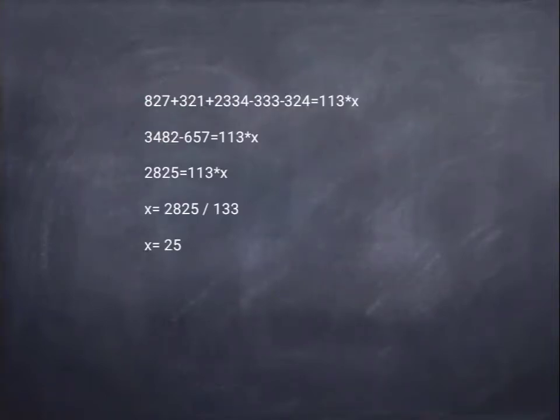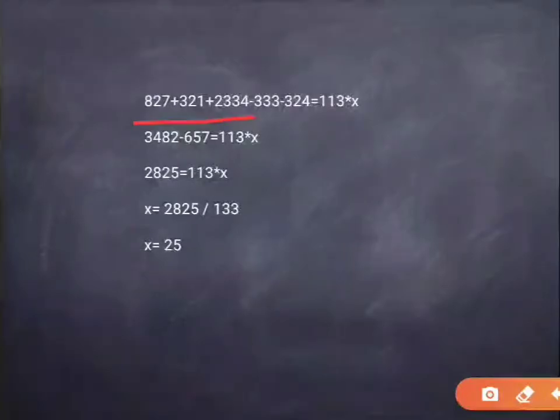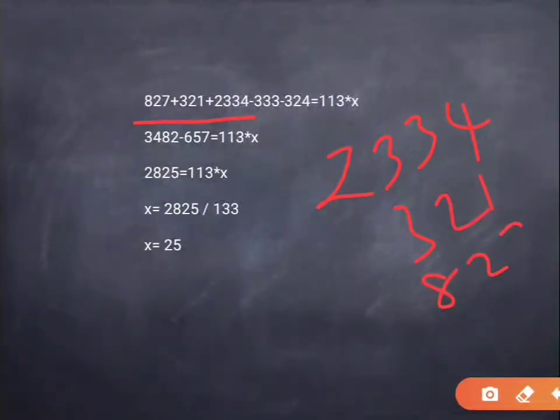So the calculation becomes 827 plus 321 plus 2334 minus 333 minus 324 is equal to 113 into x. So adding up 2, 3, 3, 4, 3, 2, 1, 8, 2, 7, we get 8 plus 4, 12, 1, 5 plus 3, 8, 4, 3.